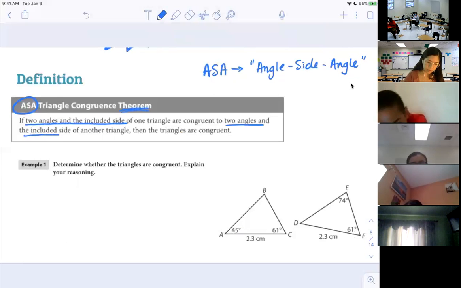So let me show you what that looks like on these triangles. So notice, I have 45, right? Does that match with anything so far that I see? Angle F, that's 61. So that doesn't match. Angle D, okay, if you add up and then subtract from 180, 74 plus 61, what does that give me?